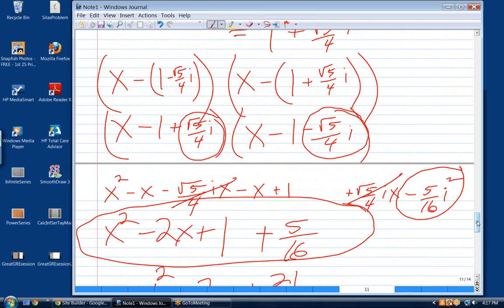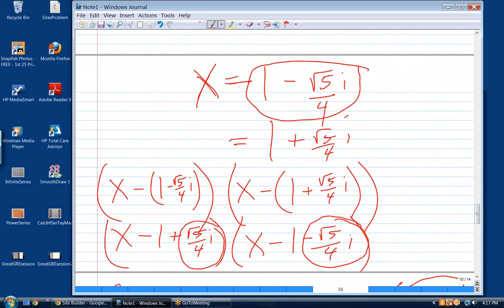Was it maybe? No. It was 1 minus root 5 over 4i. Could it have been that? I'll bet you that's what it was. I'll bet you the fractional line. In other words, they were giving you the answer like you would get it out of a quadratic. That's what they were saying.